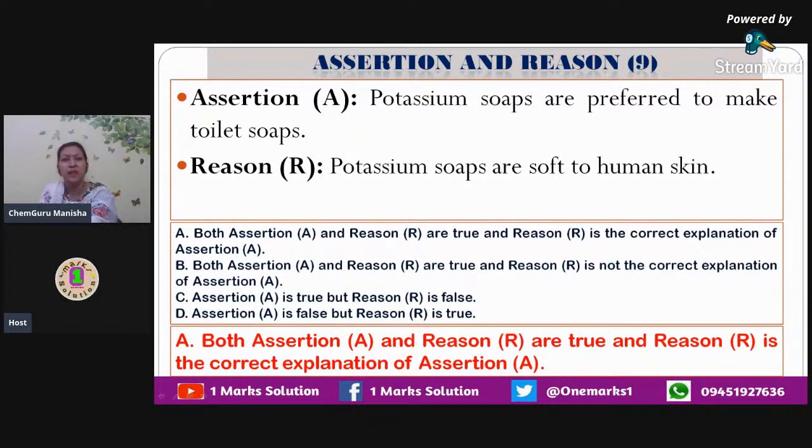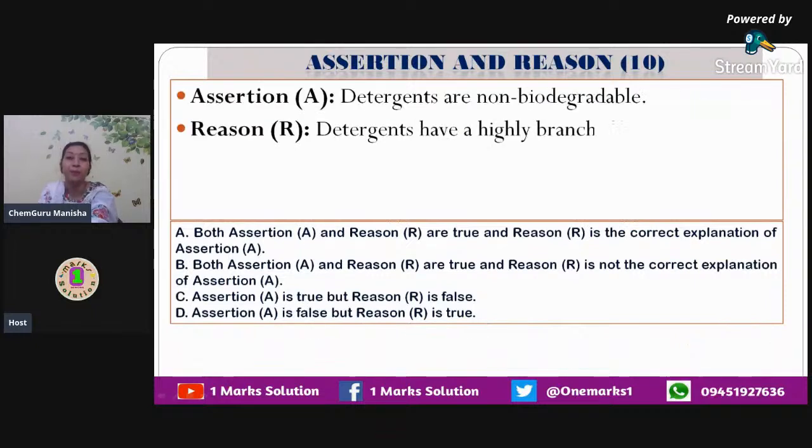But many people don't feel like using chemical-based soaps. These days, you must have heard people are using soaps which are herbal or made up of ingredients like honey, milk, and all. So we are not using those harsh chemical-based soaps anymore. So assertion here is true, reason is true, and reason is the correct explanation of assertion as well.